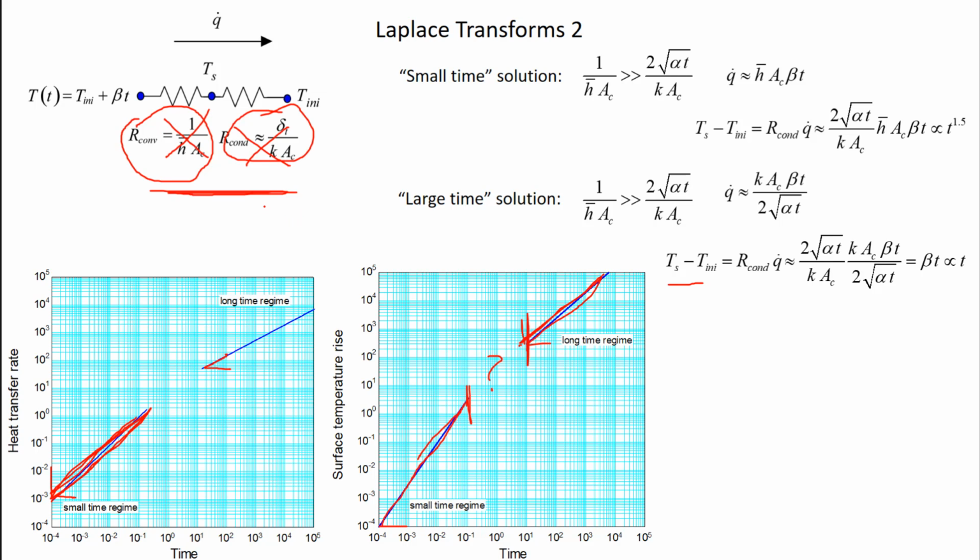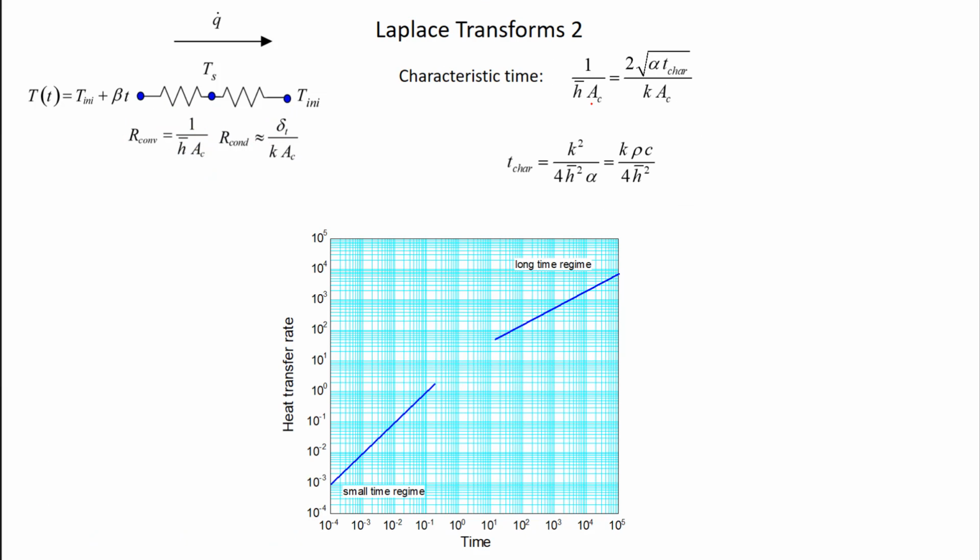So if I want to know what the transition is between those two regimes, the easiest way to do that is to say, well, when are they both equal to each other, right? That's exactly when one stops being dominant over the other. And if I set those two things equal, I can come up with this characteristic time, right? This characteristic time of when I'm going to transition from small time to long time regime.